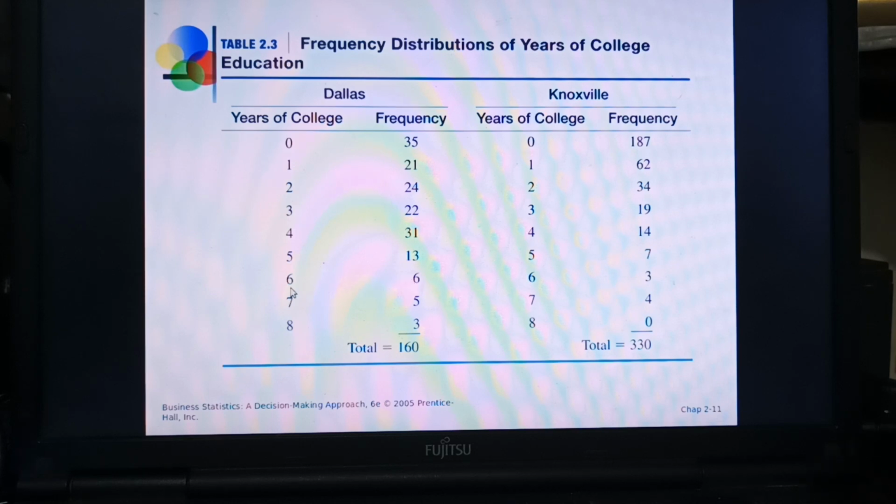6 respondents, 6 years in college. 5 respondents had 7 years, while 3 had 8 years. Plus, this number of years includes first year, second year, third year, fourth year, maybe fifth year if you do engineering.